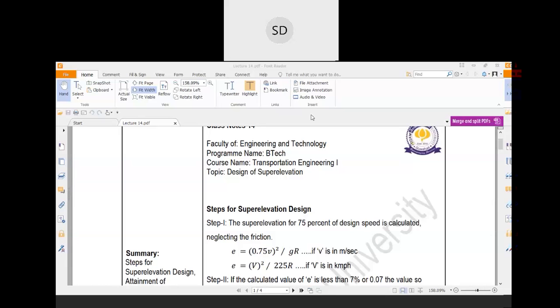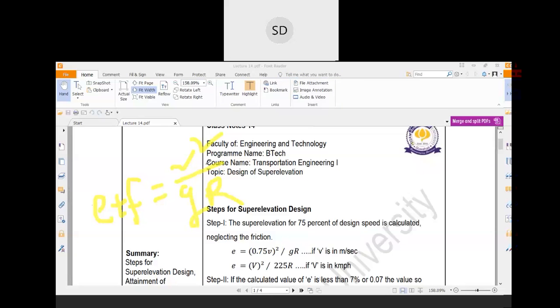Okay, so what are the design steps? There are different design steps, but basically the main formula for the super elevation would be the same. So what was our main formula for the super elevation? Our main formula was E plus F equal to V square divided by GR.